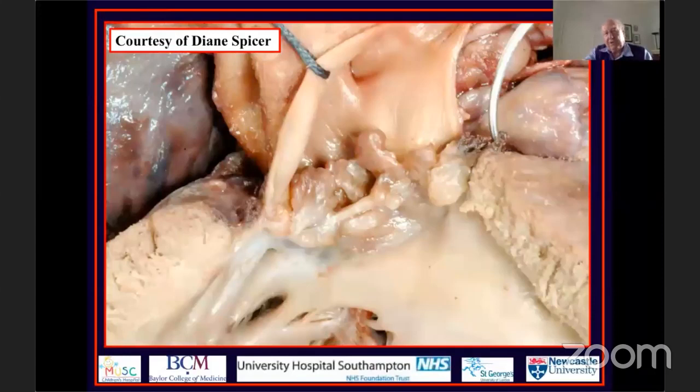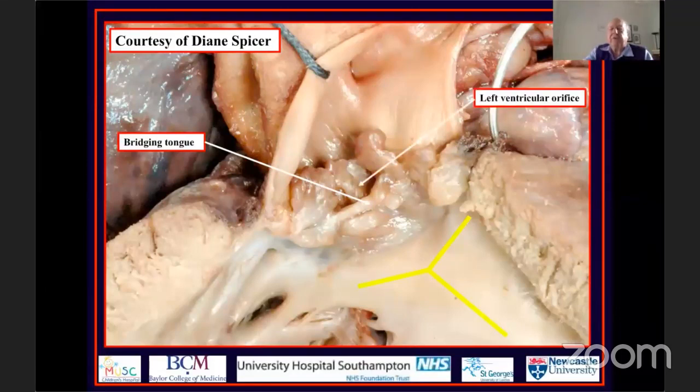And this is what it looks like when Diane opened the right ventricular orifice. There you see on the septal surface the septal marginal trabeculation, or the septal band, and there you see the bridging tongue of tissue between the two leaflets of the truncal valve, dividing it into the right and left ventricular orifices.